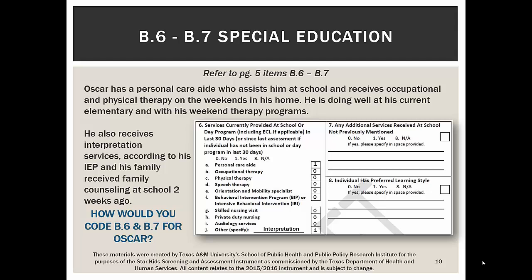It's important to note that we don't code the OT and PT as he's receiving those on the weekends and not during the school day. Additionally, Oscar is receiving family counseling services, and so we would include that under question number 7, any additional services received at school not previously mentioned.